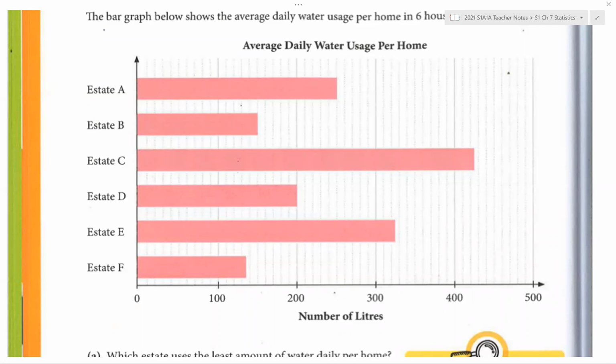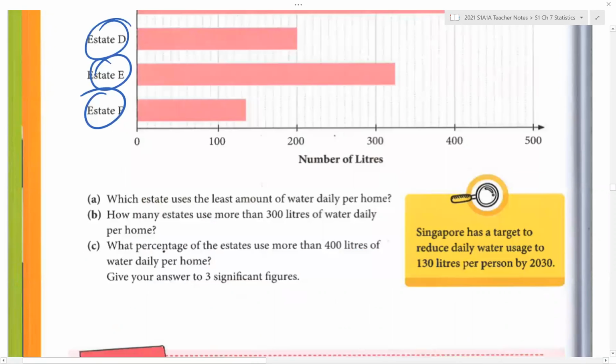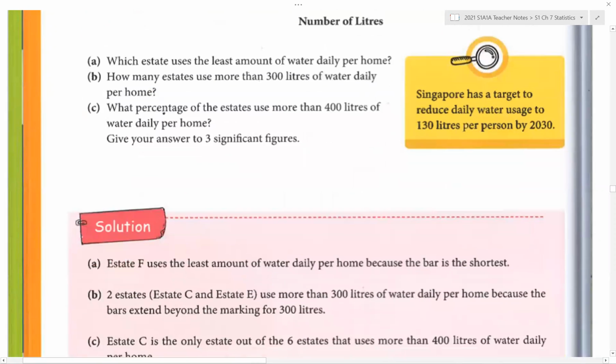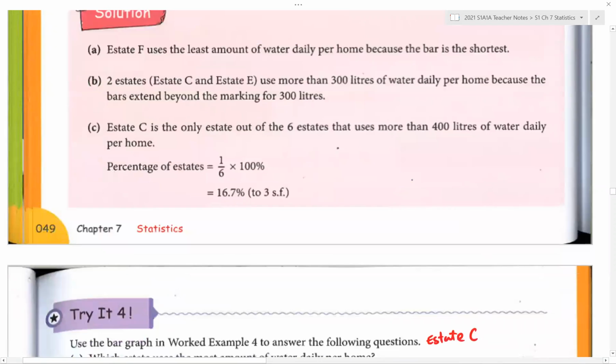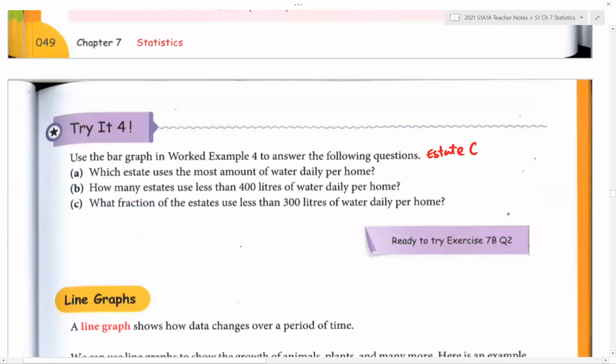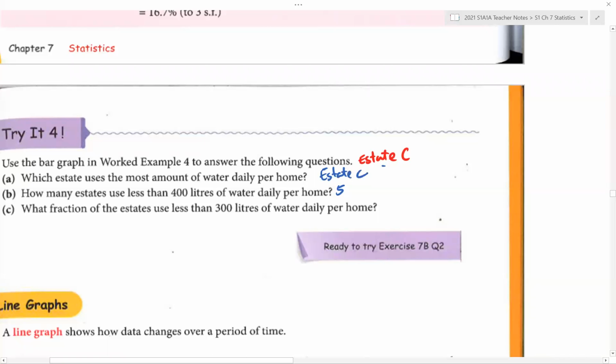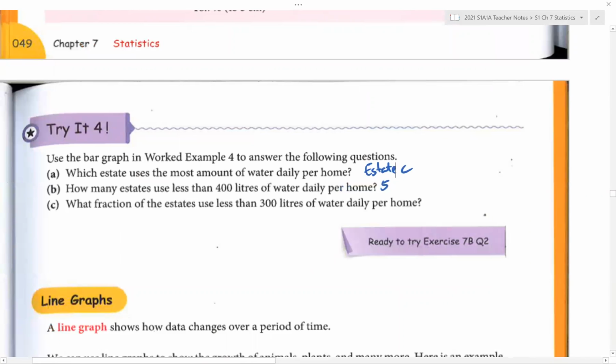Five? Okay, which are the five? You are right. Which are the five? A, B, D, E, F. Yes. There are five of them. Next, what fraction of the estates use less than 300 liters of water daily?